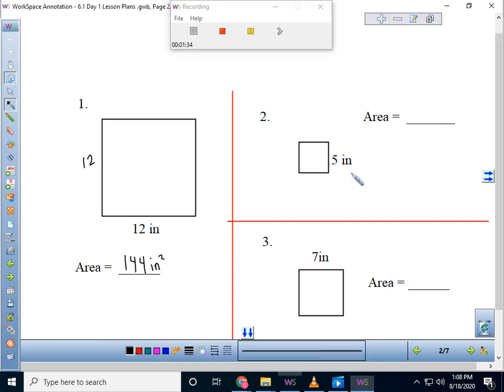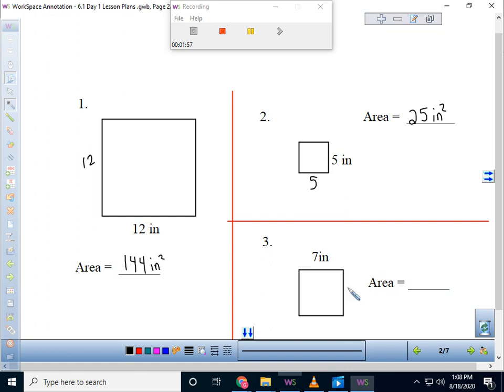Okay, so how would we find the area of number 2 when it says this side of the square is 5? Well, we know this side of the square is 5, so the area is 5 times 5, which is 25. So we know that 25 inches squared is a perfect square number.